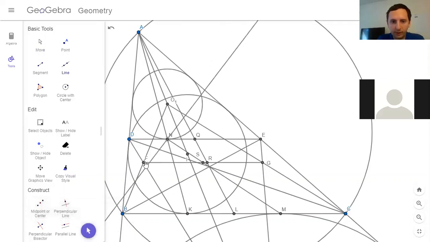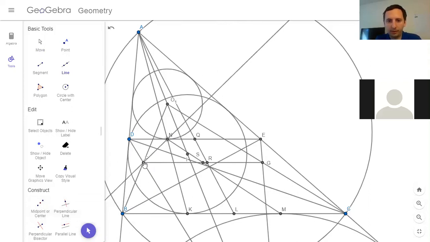But if we're projecting it onto BC, that would be kind of just as hard, I would think, as showing that S is the midpoint of FG.